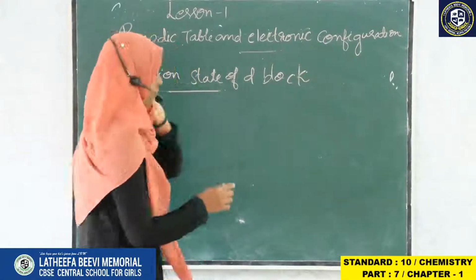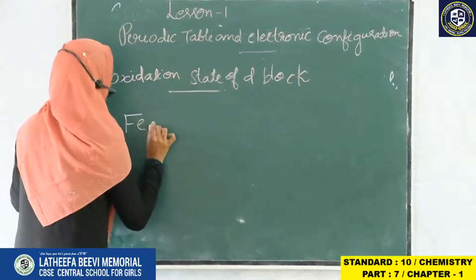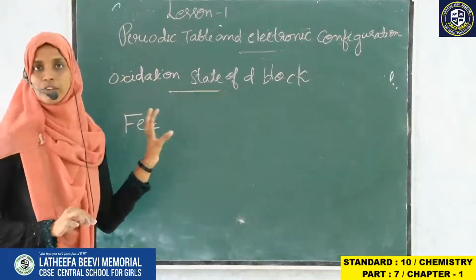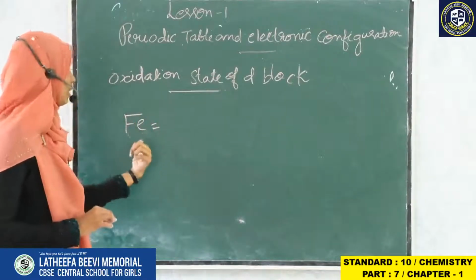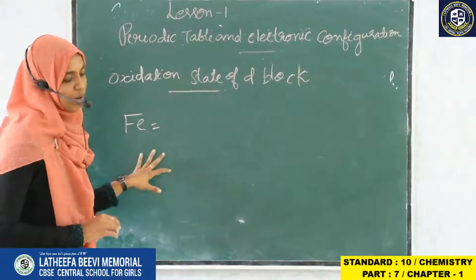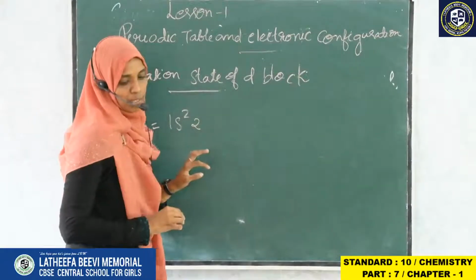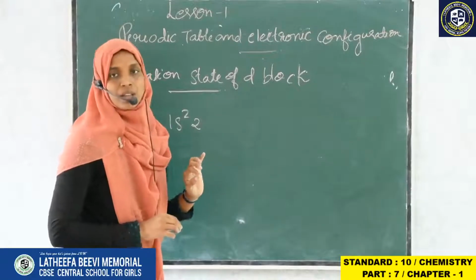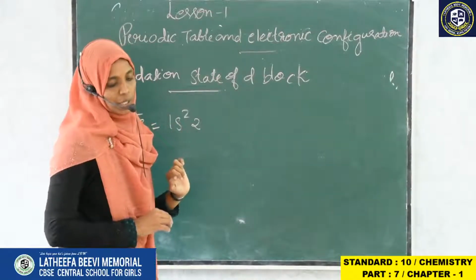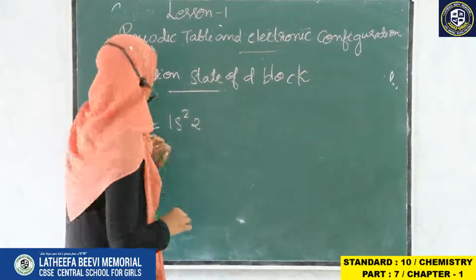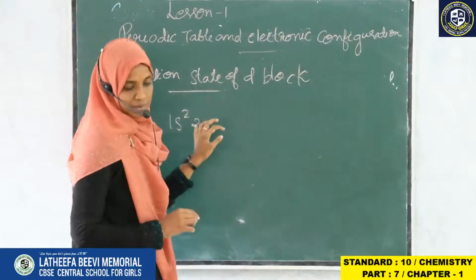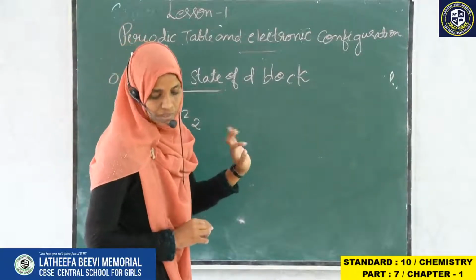And for iron, we can write the normal electronic configuration. First of all we write 1s2. What is the atomic number of iron?